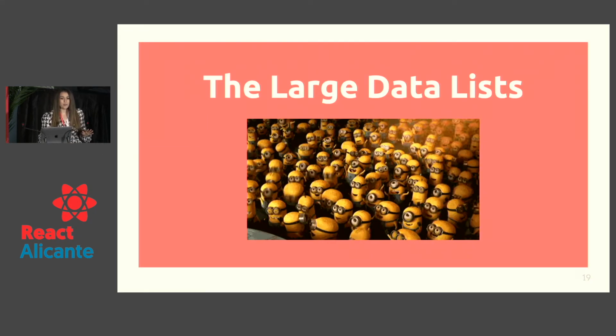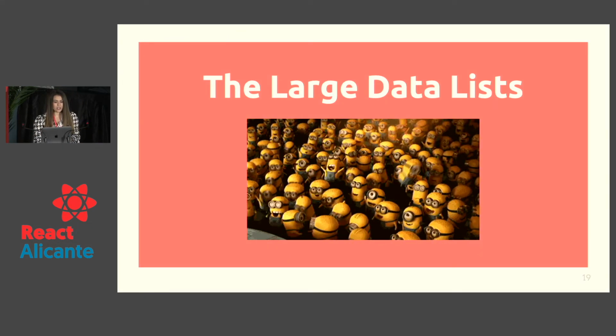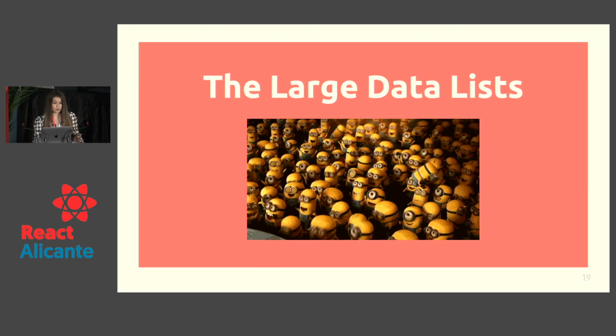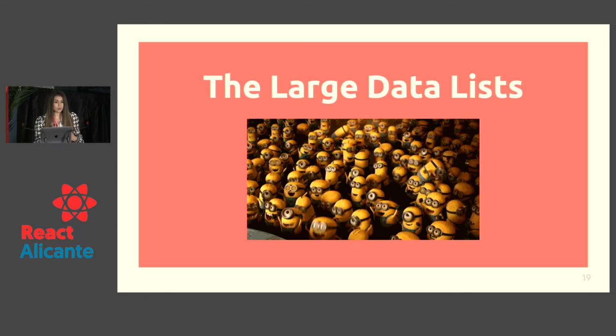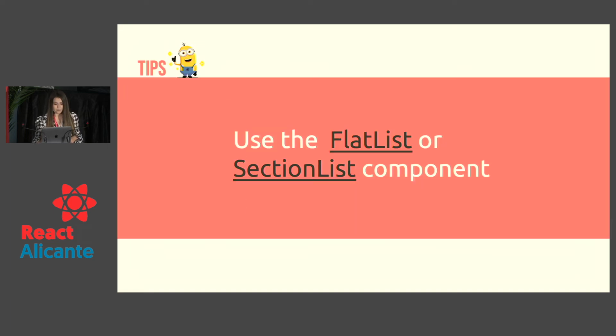And if you're building an application that renders a long list of data, let's say thousands of items, rendering large lists at once can be expensive and slow your application performance. So here are some tips to optimize your performance on big data lists.